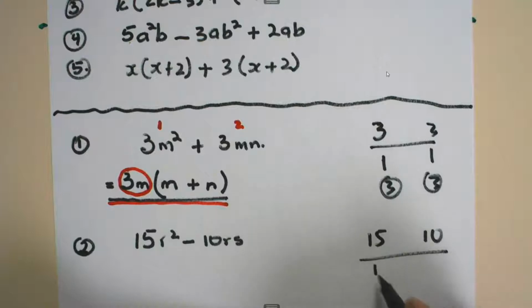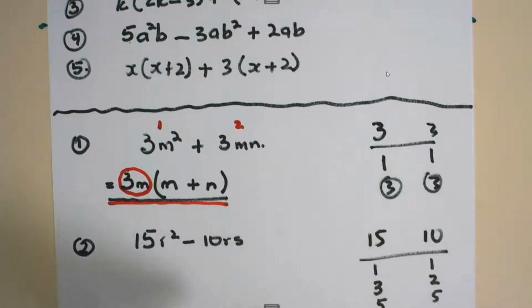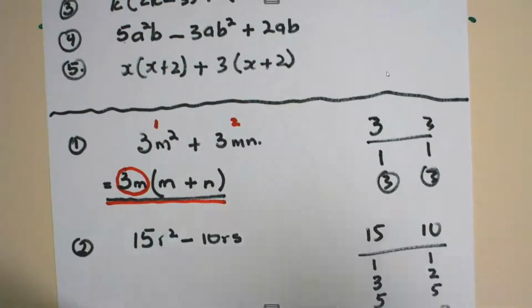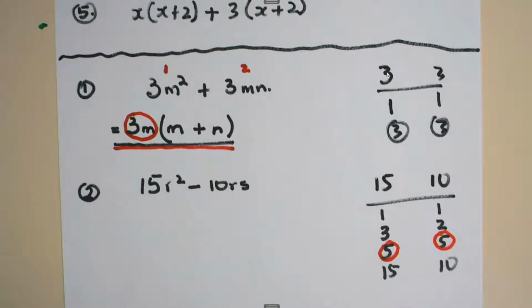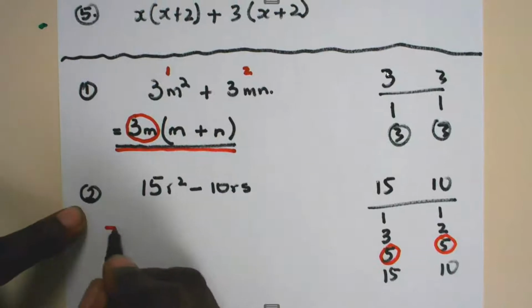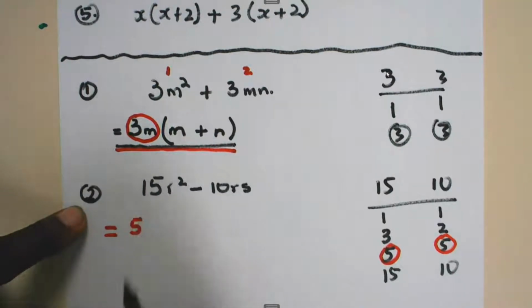For 15, it is 1, 3, 5, 15. For 10, it is 1, 2, 5, 10. You can see from our factors of these 2 numbers, 5 becomes common in both numbers. That means 5 is our common factor.